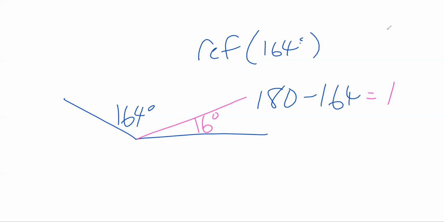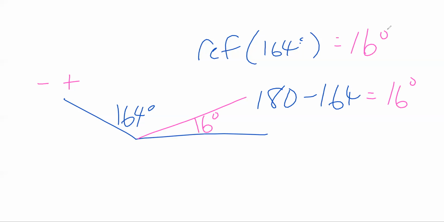But once again, use your eyes. Don't just use formulas to arrive at these reference angles. In this particular case, the measures of 164 would correspond to the measures at 16, except that once again, your cosine would be negative and your sine would be positive.